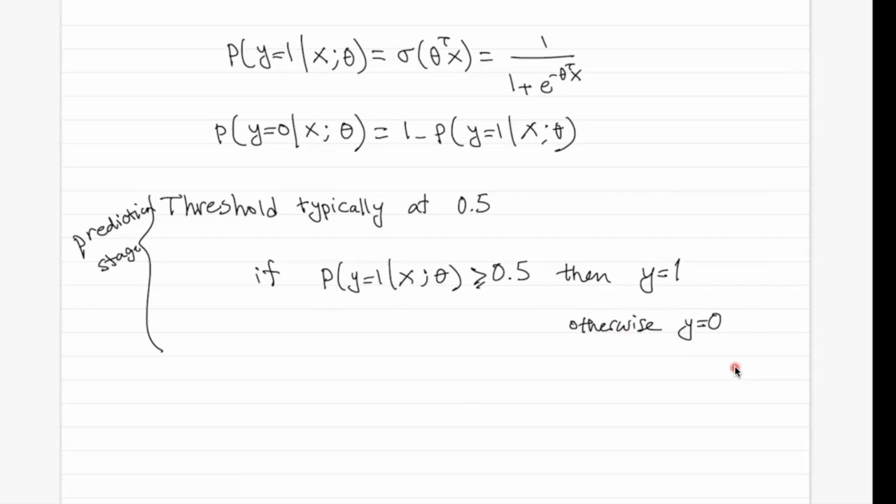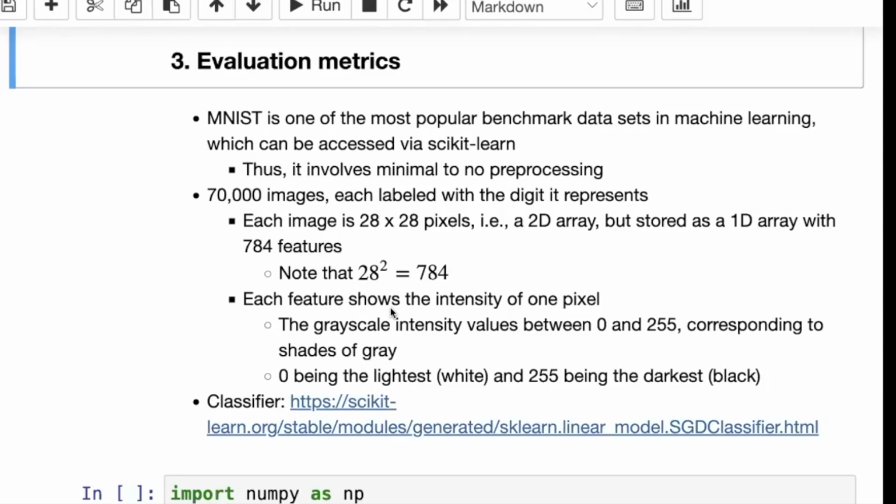So 0.5 is really nice in the sense that we are not favoring one of these classes over the other one. So having this information, let's go to the Jupyter Notebook and see how we can evaluate classification models.